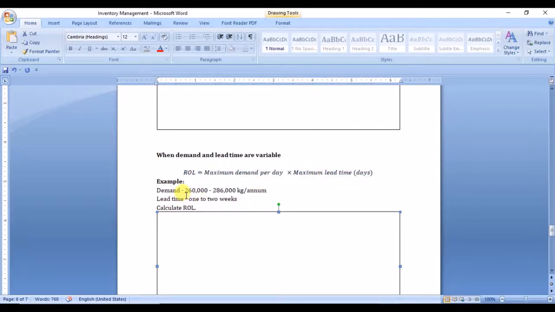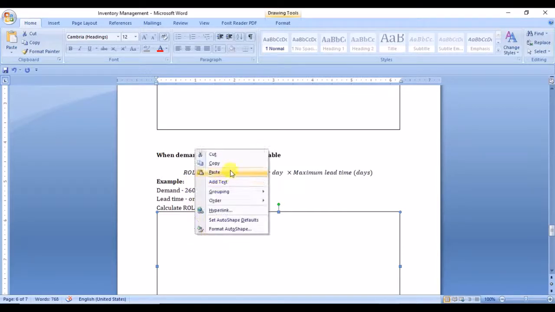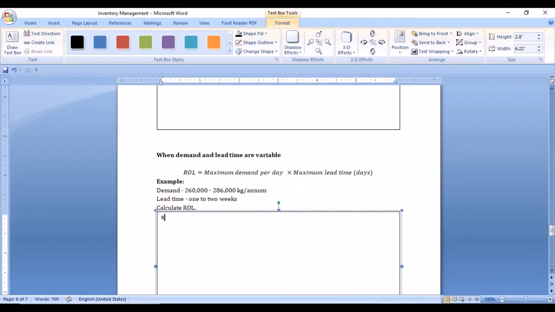Look at this example. Demand 260,000 to 286,000. So to calculate the ROL, I will take the worst case. 286,000 is the worst case because that is when material is utilized faster, divided by 52. So this will give you the maximum, the highest usage for a week, multiplied by.